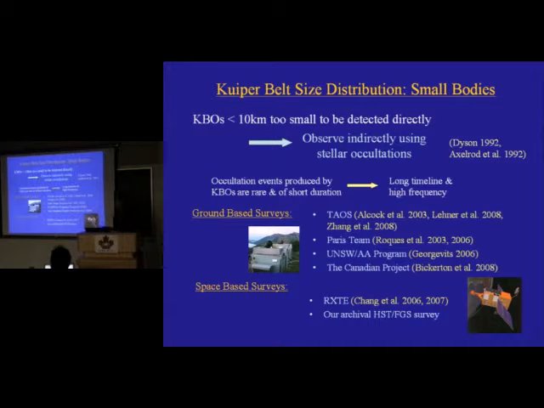There has been one space-based survey using X-ray observations, and our project also uses a space-based survey, but it's in the X-ray. One of the advantages of doing it in the X-ray is that you can probe smaller objects, but unfortunately you're photon limited.